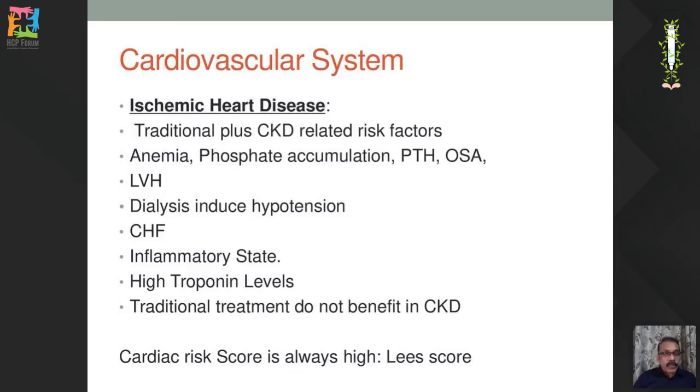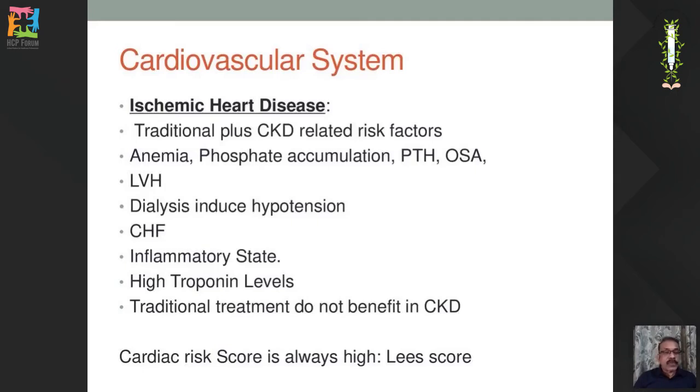High troponin levels are also seen on repeated values without ischemia, and traditional treatment may not benefit in CKD because their pathophysiology goes out of proportion. Despite being on beta blockers or statins or any therapy, the progression may not be halted as in the general population. So their scoring is always on the high risk side.